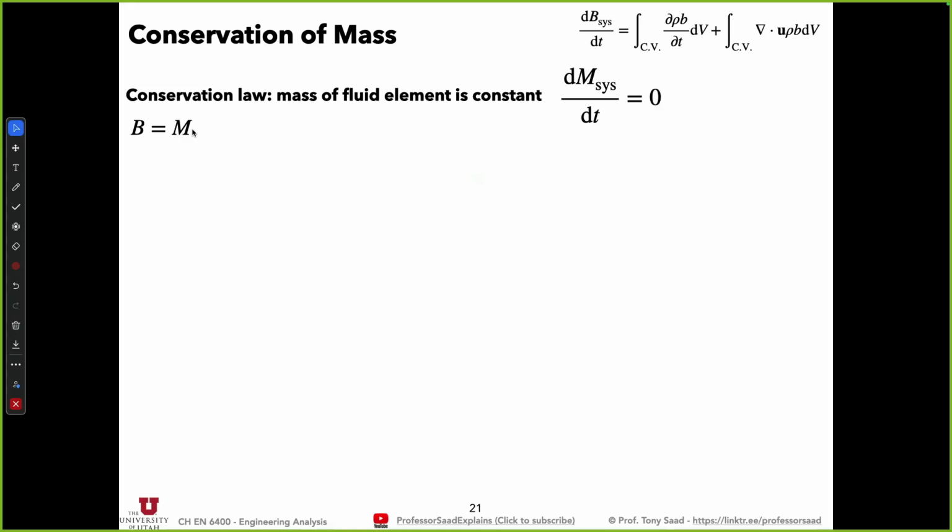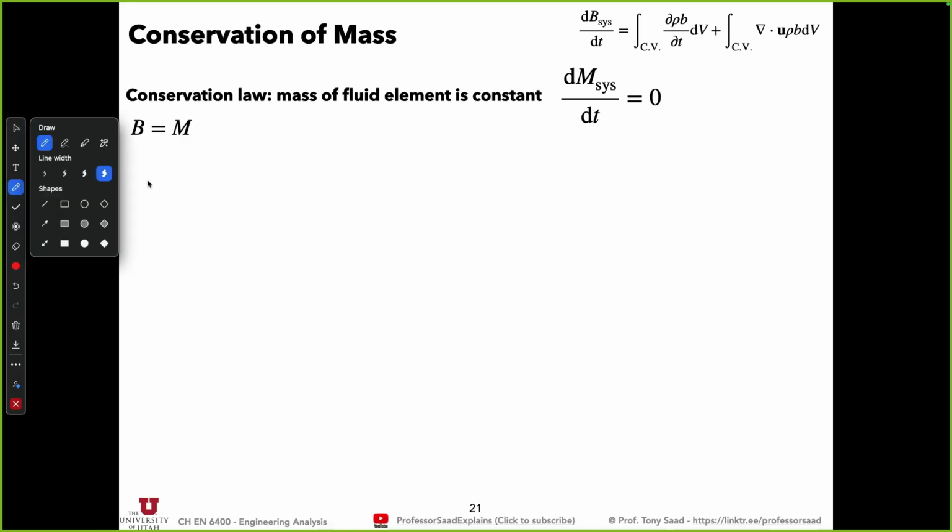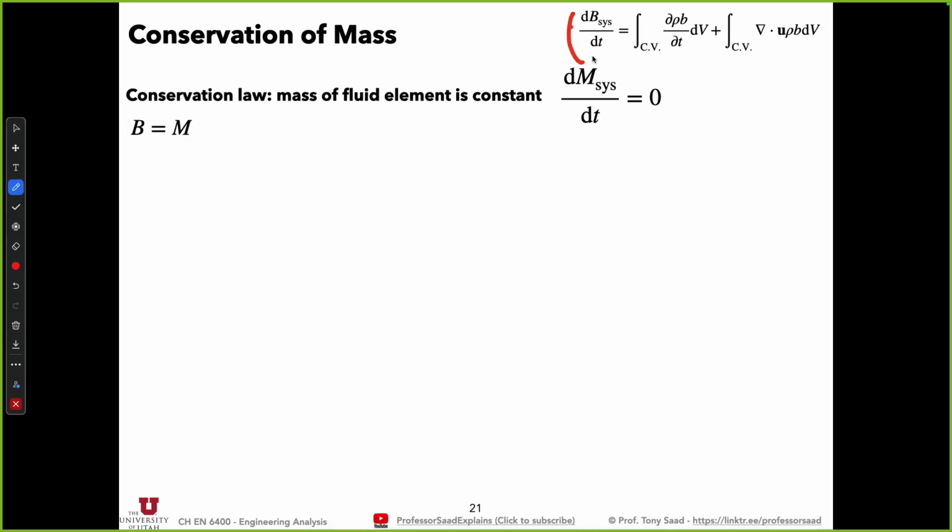Lowercase b, the intensive version of mass, is simply 1. It's not rho because we're already going to inherit a rho over here, rho b. Okay, so the intensive property version of mass is simply 1.